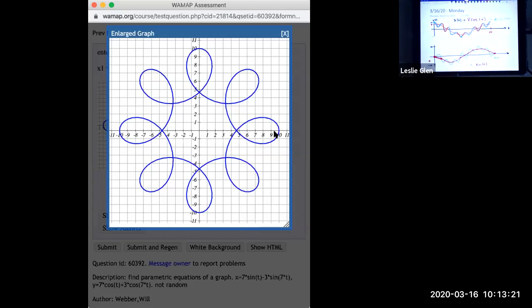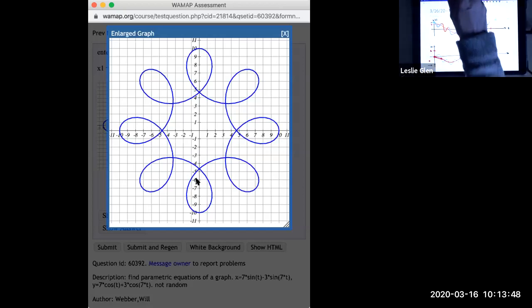What is the amplitude of the sine graph here? Remember, because the graph is going up and down in the y direction, this blue graph goes up to 10 and down to negative 10, okay? But the red graph looks like it maybe only goes up to 6 and down to negative 6. So I'm going to say the amplitude of that graph is 6, okay?